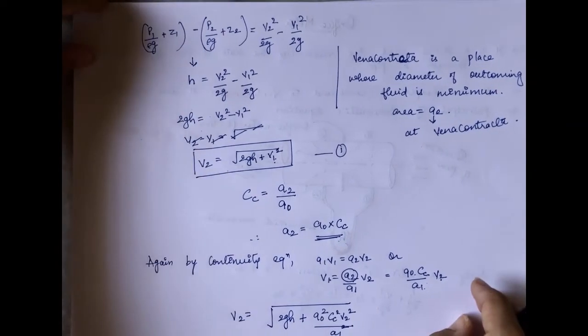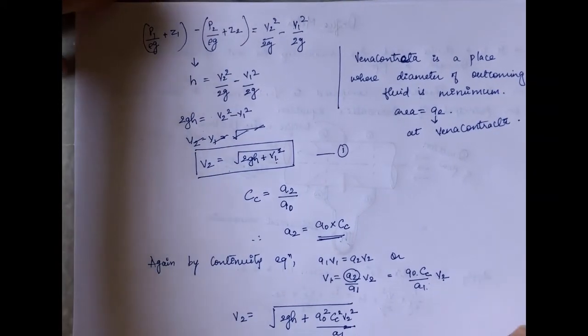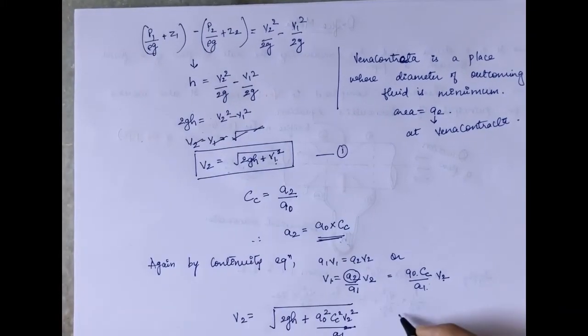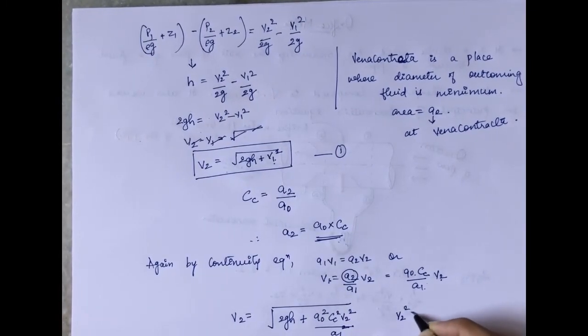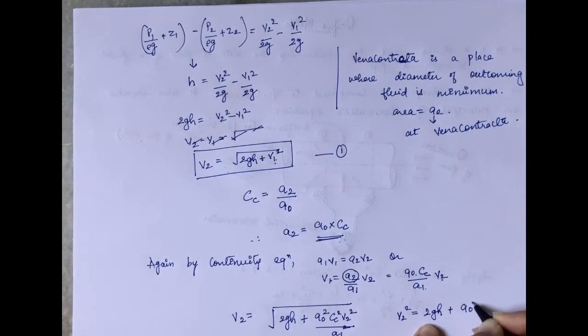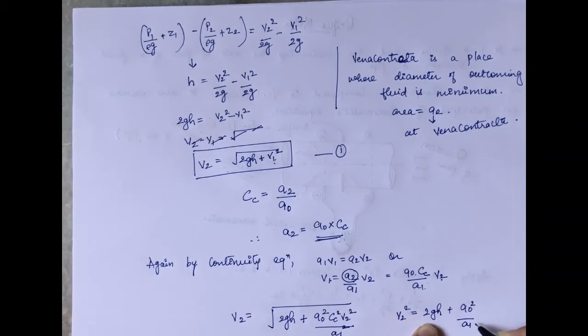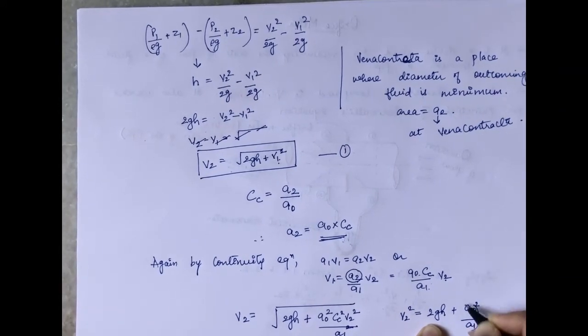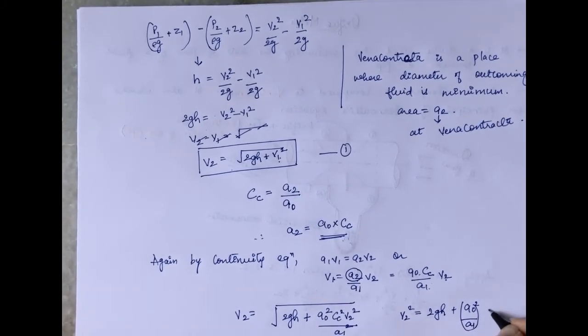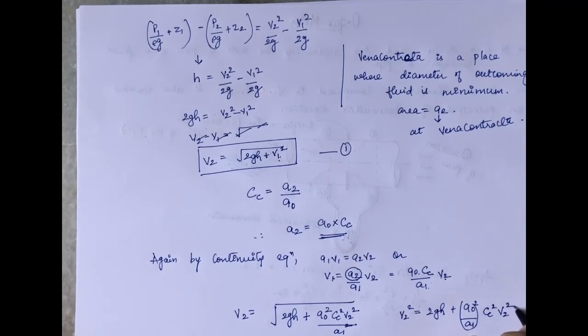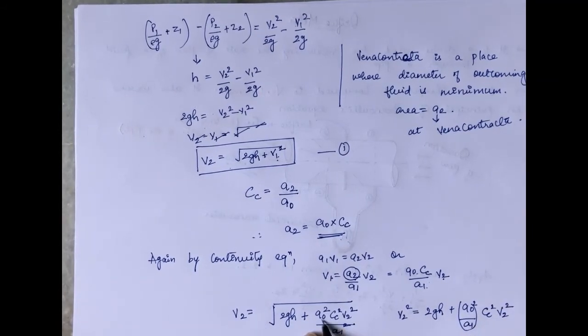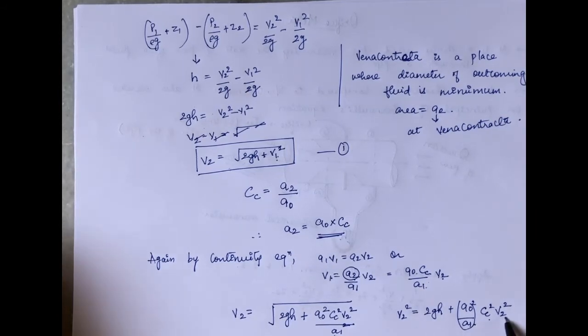Rewriting this equation, V2 square is equal to 2gH plus A0 upon A1 whole square Cc square into V2 square.